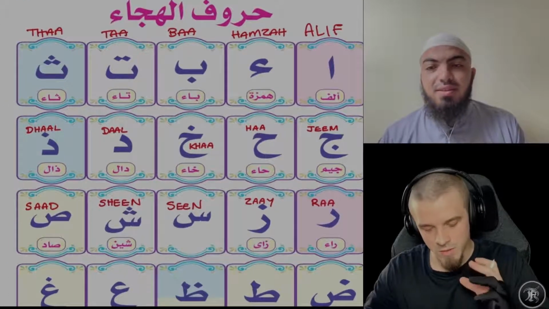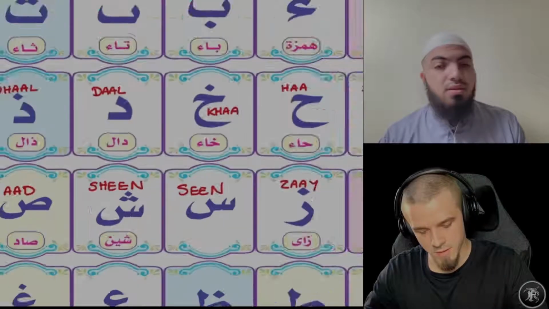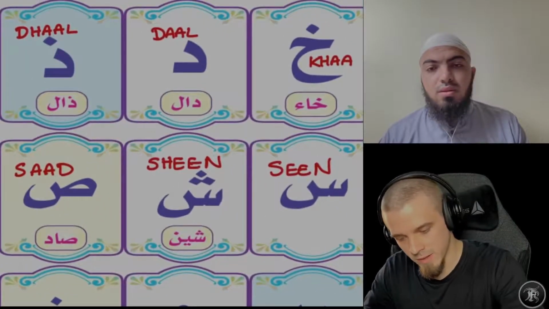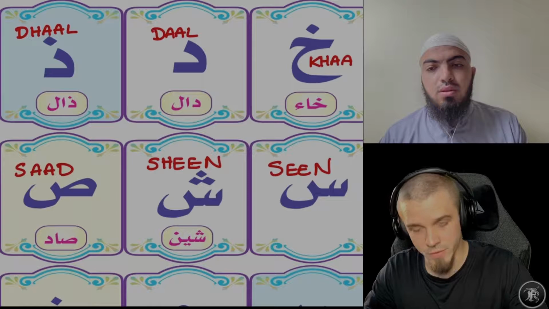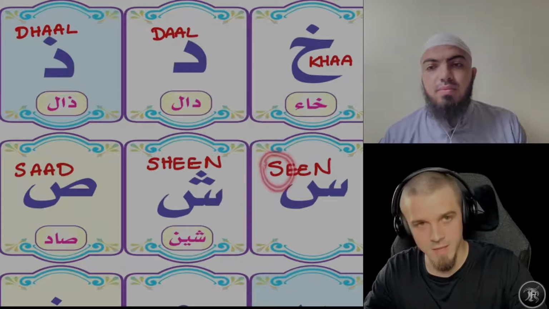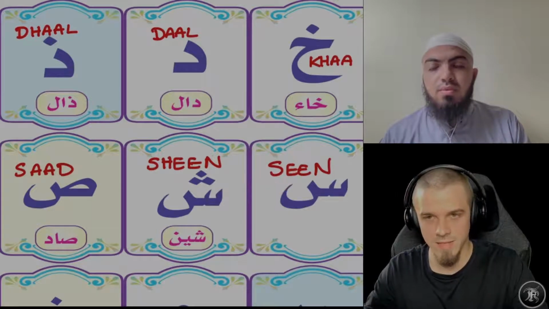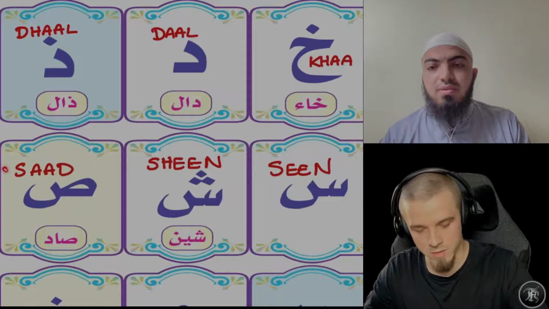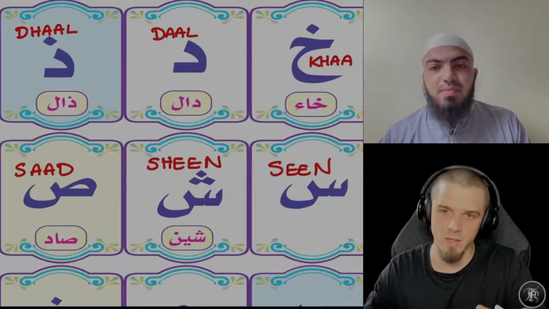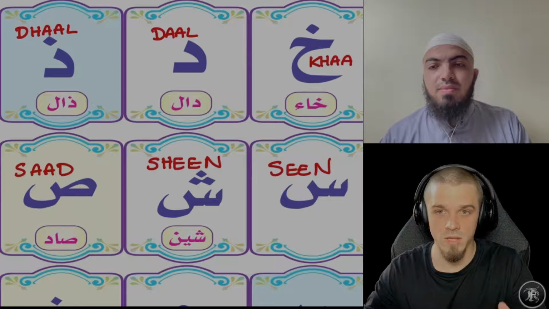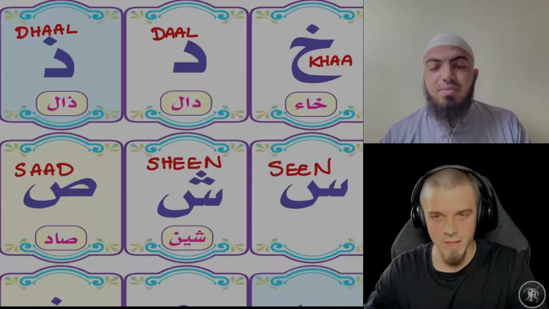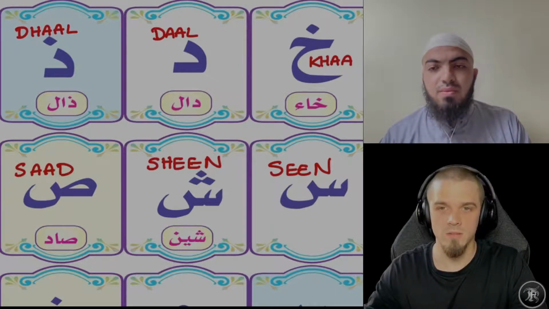So I think what we'll do is, you can tell probably now, if you're watching the video and you're new, that we have seen, which starts with an S sound, and then we have sod, which also starts with an S sound. There is a difference between these two letters, and inshallah we'll discuss that later on.